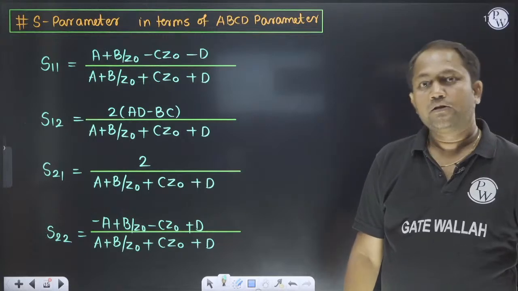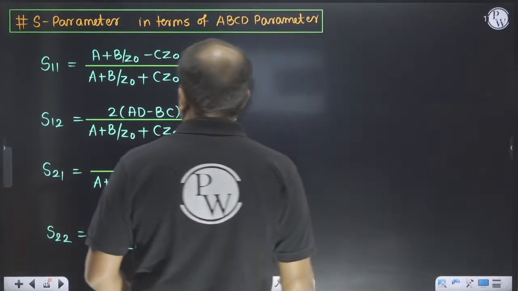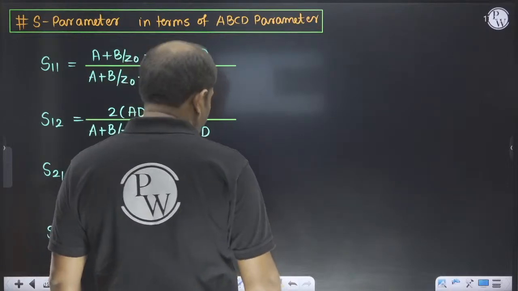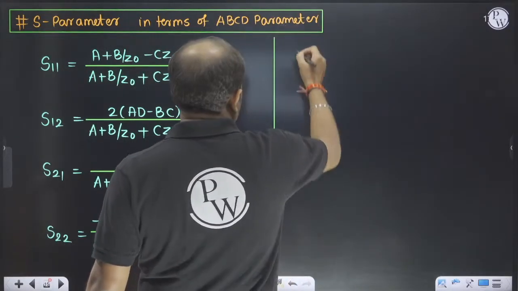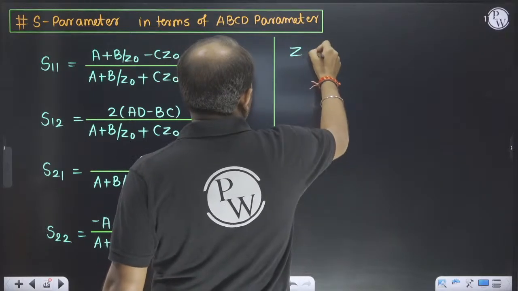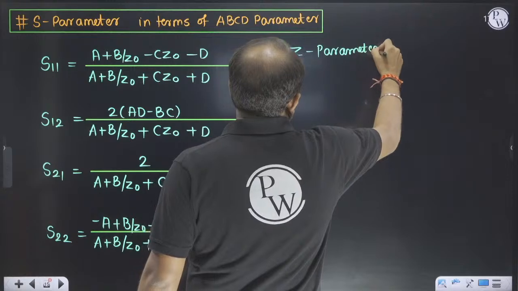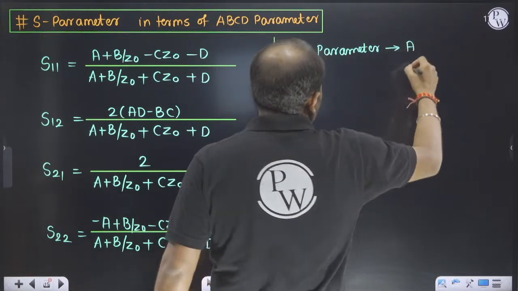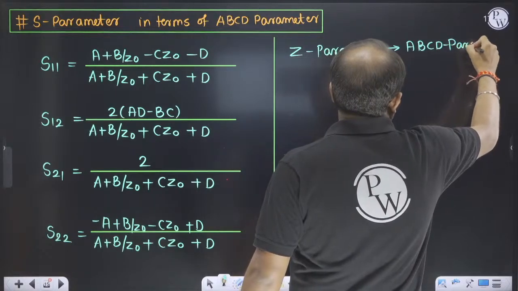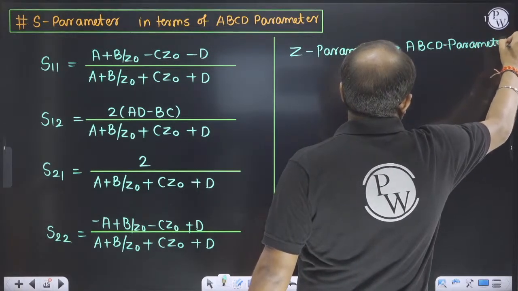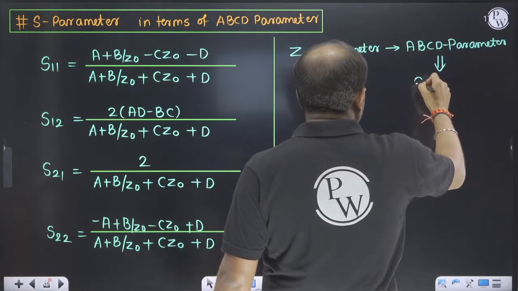So what will they ask in the question? They will give the Z parameter. Try to understand. With the Z parameter, first of all you will find the ABCD parameter, and once you find the ABCD parameter, you will find the S parameter.